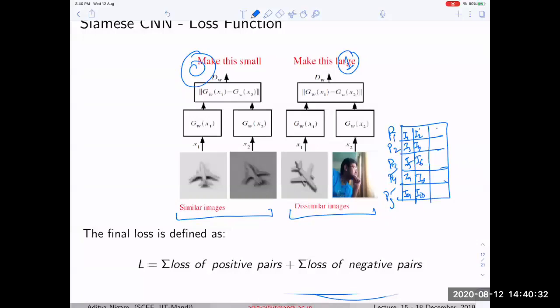If they are the same, the label is 0. If they are different, it is 1. You understand this is going to be the batch.